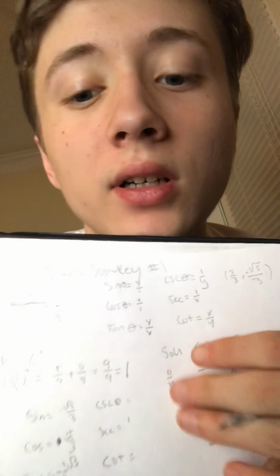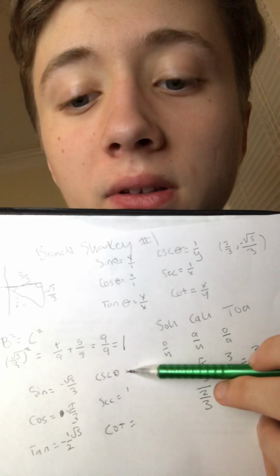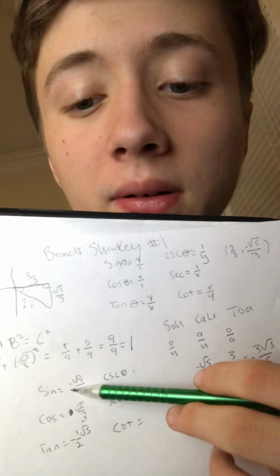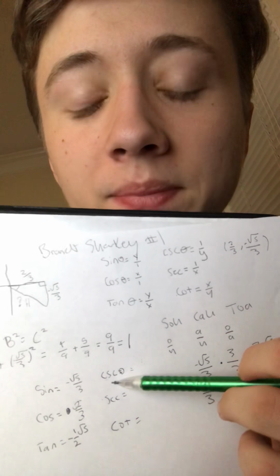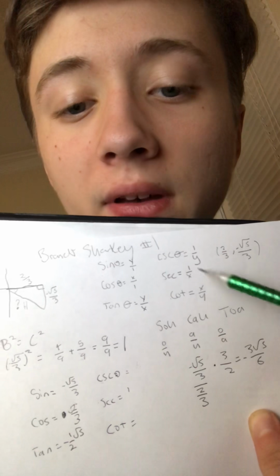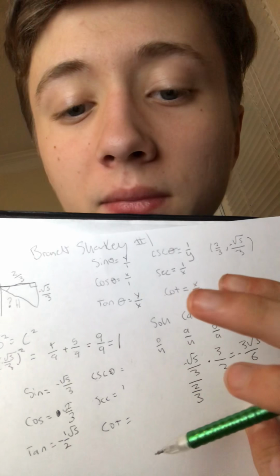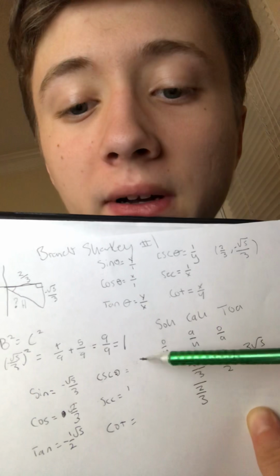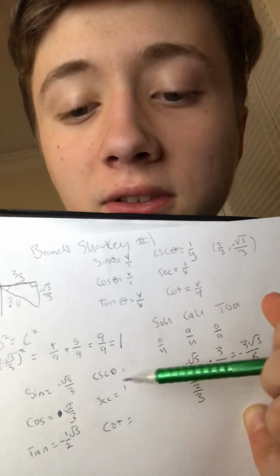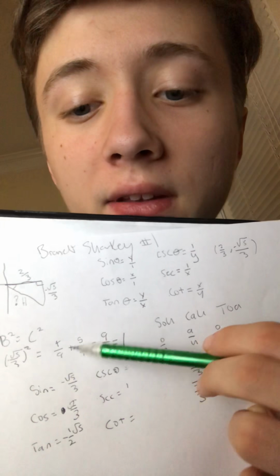Okay, for the next column, we're gonna do these two. The cosecant, since that's the reciprocal of sine, it's just flipping the numerator and the denominator, which would make it 1 over y, because this is a y function. So I'm gonna put a 1 over here and then solve that.